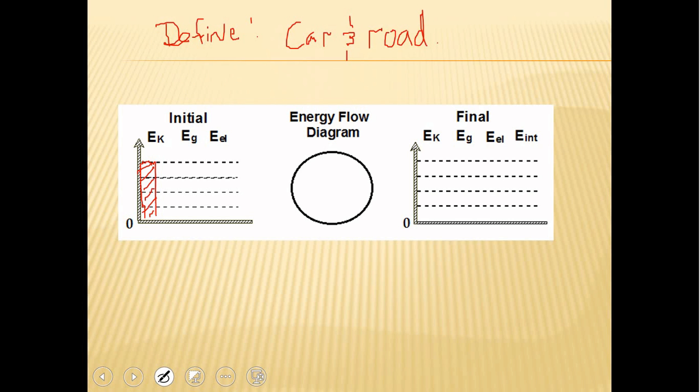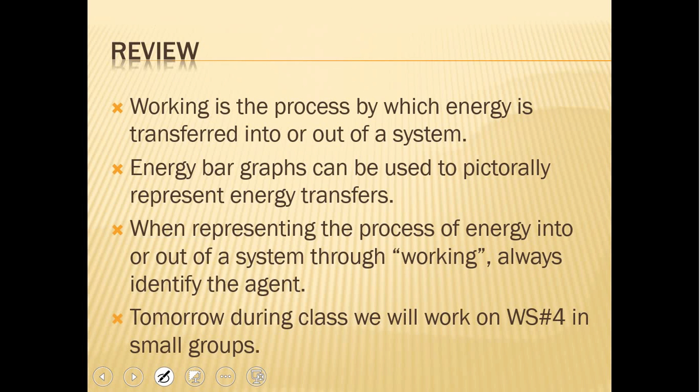At the end, no work is being done, so nothing leaves my system, and it all goes into internal energy. And so we show our transfer where we always show energy conserved. We have 4 blocks at the start, 4 blocks have to be at the end, and that shows our transfer of energy.